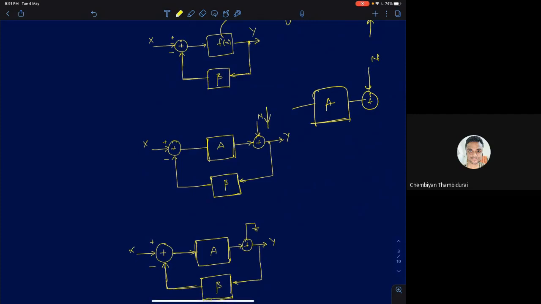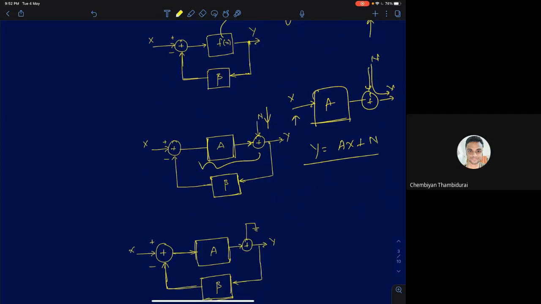And now let's see how this negative feedback amplifier reacts to external disturbances. In open loop, if I'm going to feed X, your Y is simply going to be A times X plus N. So your external disturbance is going to directly appear at the output. But now we will see, because remember that this external disturbance is added only by the forward amplifier. Feedback is not adding any external disturbance. So only the forward amplifier is adding this.